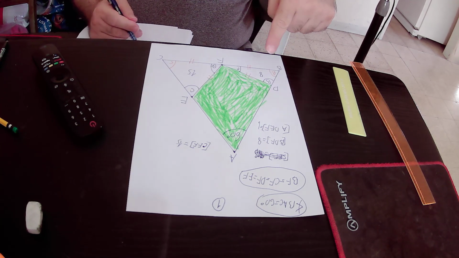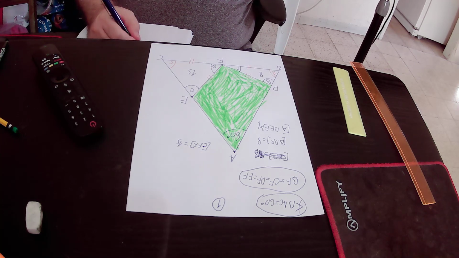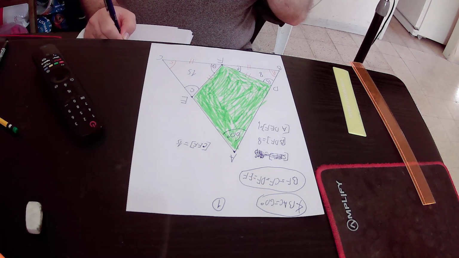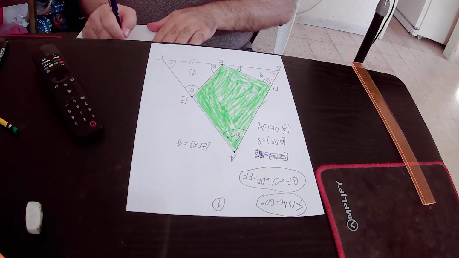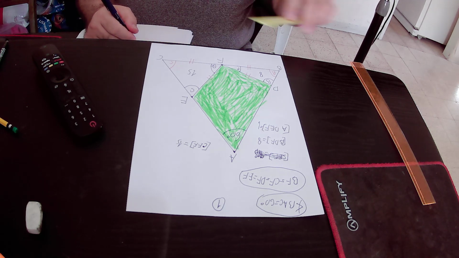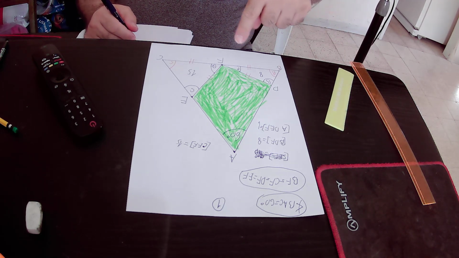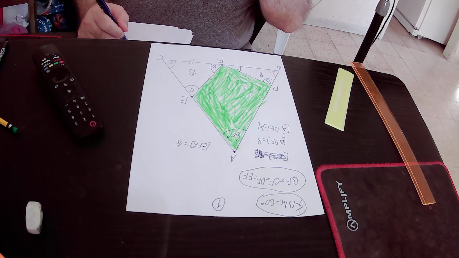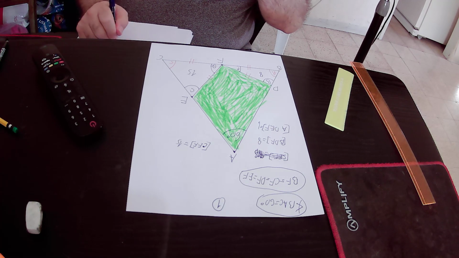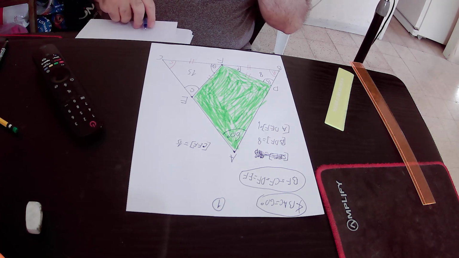Therefore, in triangle BDF, the sum of the angles is equal to 180 degrees. That is to say, B plus B plus P equals 180 degrees. So 2B plus P equals 180 degrees.